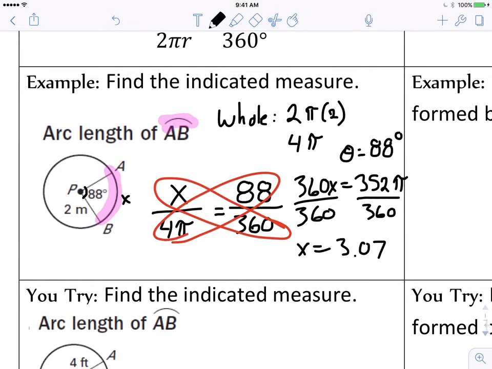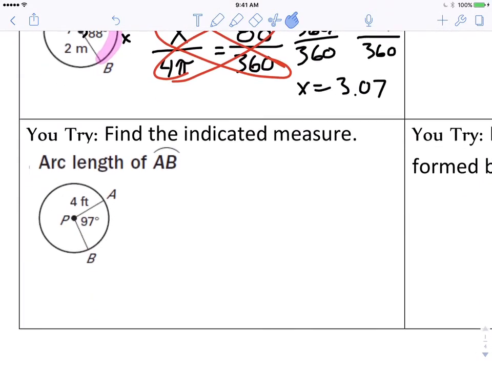I want you to pause the video right now and try to do that same thing with the bottom one. Alright, so you've tried that one, and we'll just set up the same way here. The whole circumference is 2 pi times 4, which is equal to 8 pi.